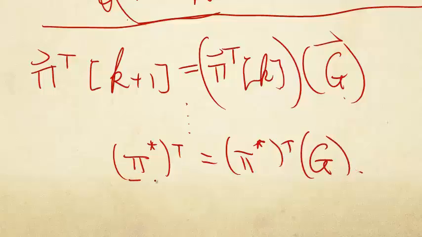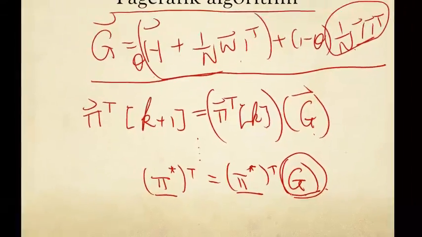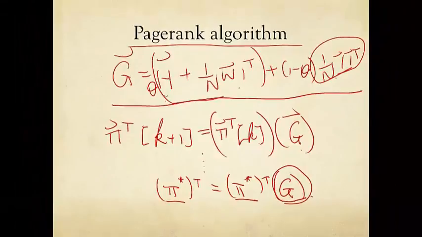In other words, the importance score is actually the dominant left eigenvector of matrix G, not just H.